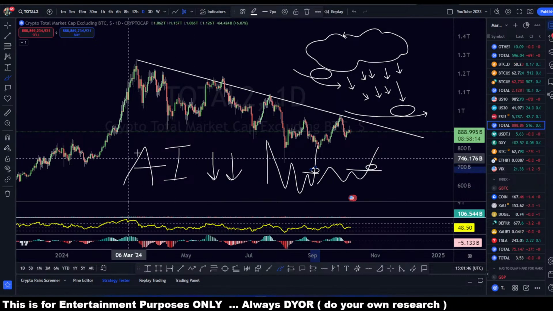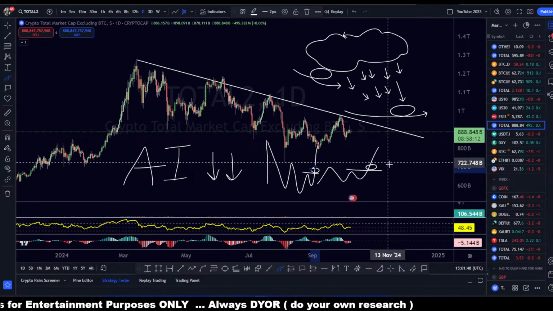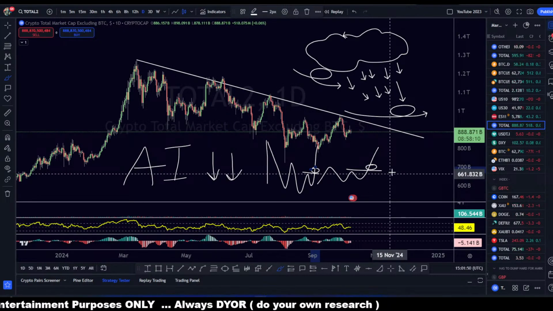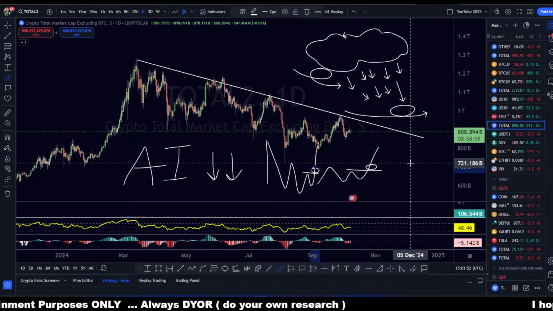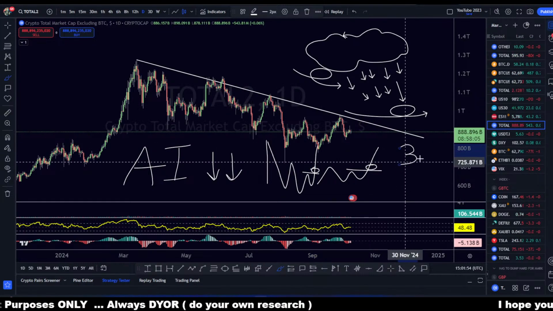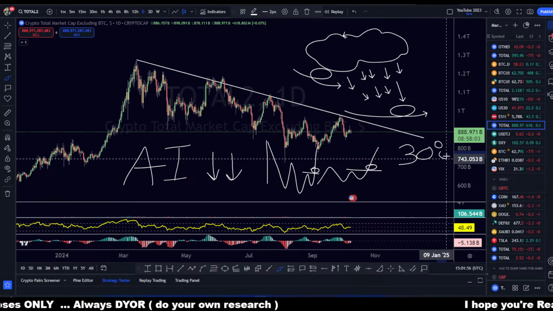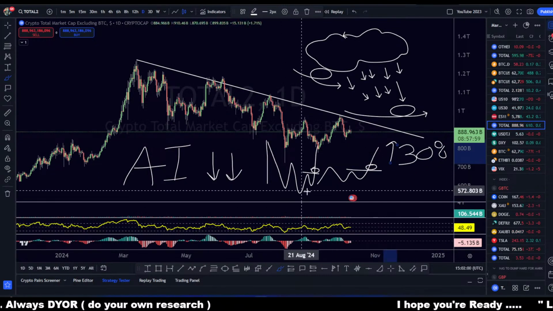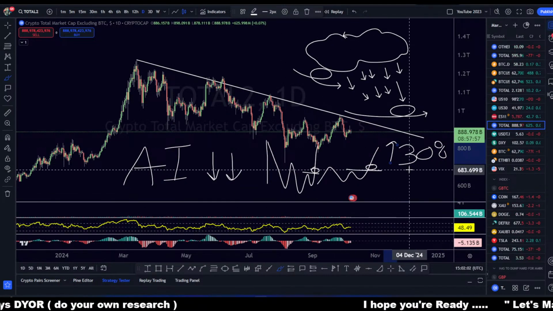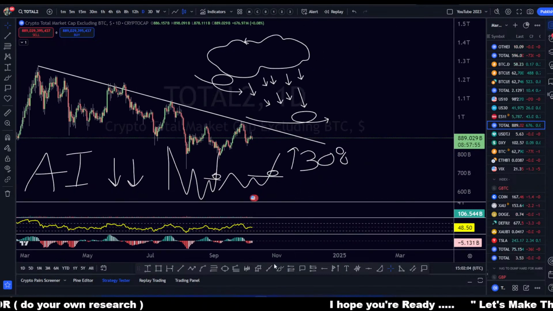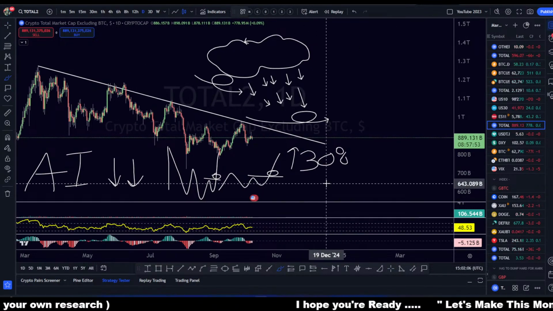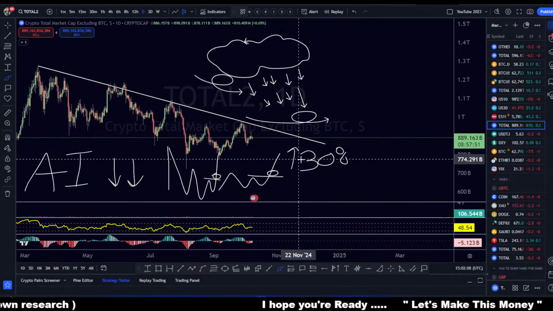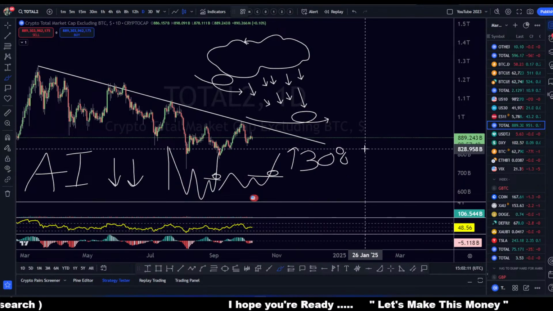While everybody's getting out of AI, I'm making money. Now, what's going to happen is they're going to see my AI coin at 30% gains when all the other AI coins are down. Because people see this, guess what they're going to do? They're going to say, whoa, this coin is doing 30%, let me also get into it.